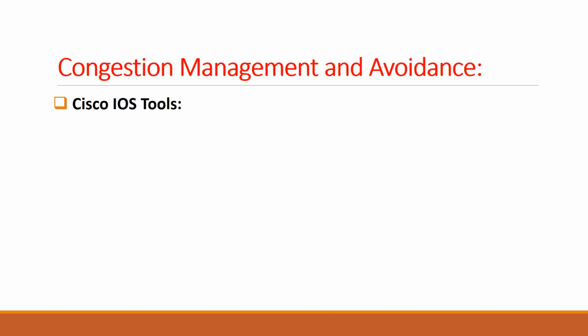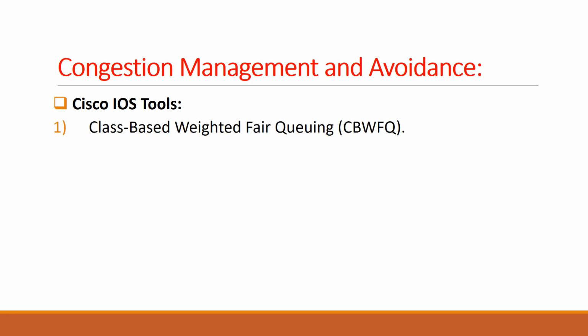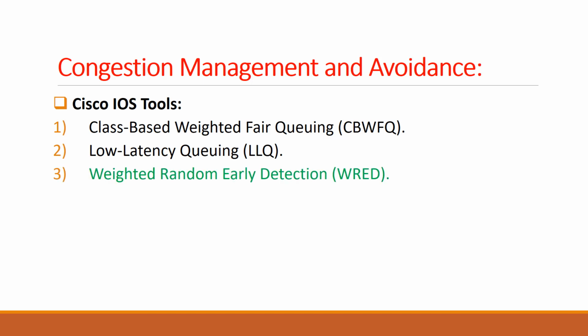So let's continue the tools that we demonstrated in the previous video, and we discussed in part 2 Cisco IOS tools. We started with class-based weighted fair queuing, and then we demonstrated low latency queuing or LLQ. And in this video, I'm going to demonstrate weighted random early detection as a congestion avoidance tool.